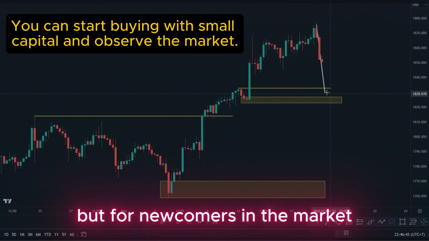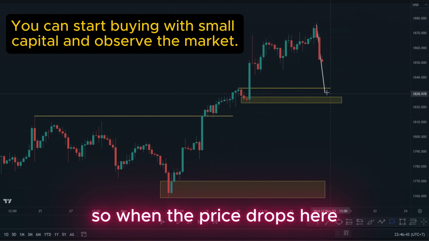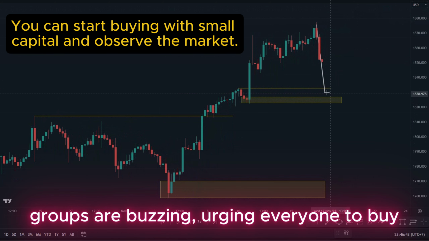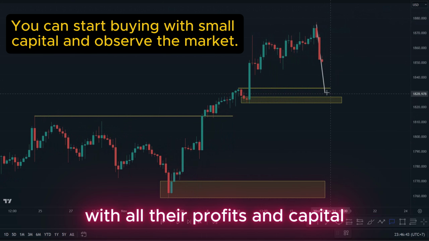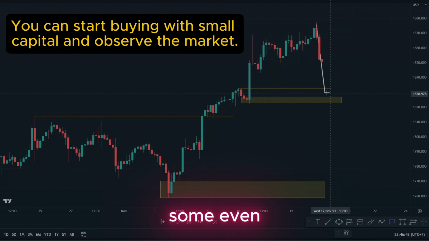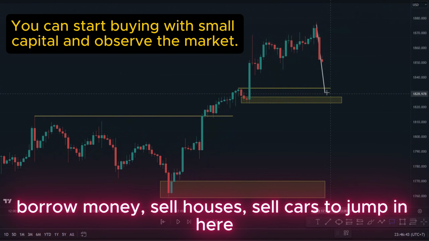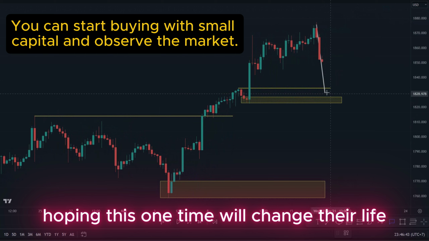But for newcomers in the market who used to buy and always made a profit, so when the price drops here, groups are buzzing, urging everyone to buy with all their profits and capital. Some even borrow money, sell houses, sell cars to jump in here, hoping this one time will change their life.